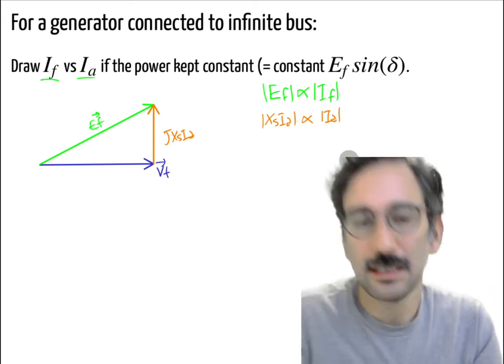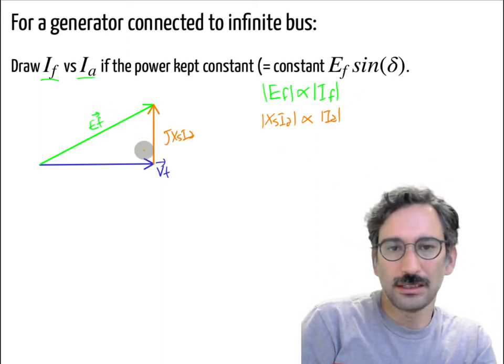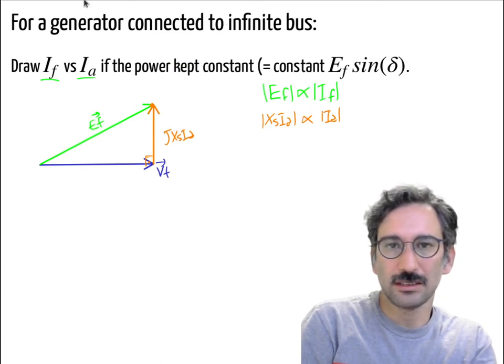XS is constant. So you have here operating at unity power factor, and the magnitude of EF will be that much. So what happens, let me draw the diagram first.